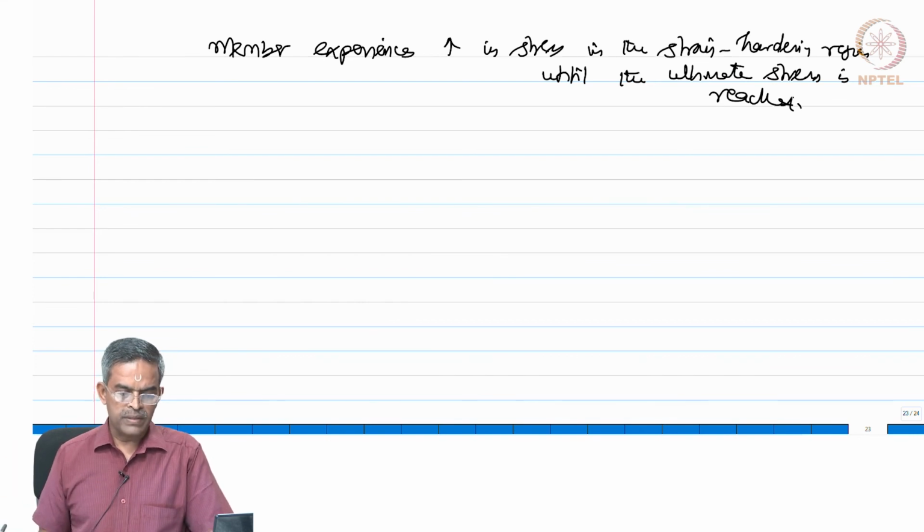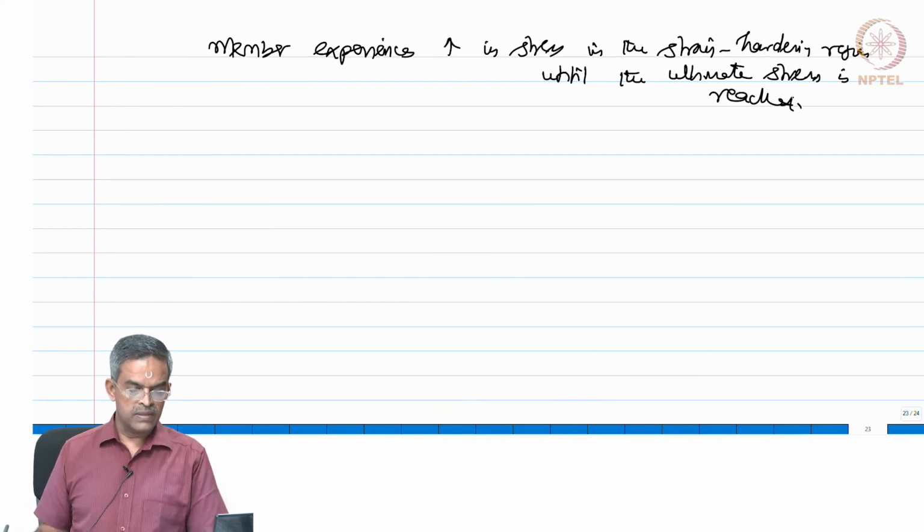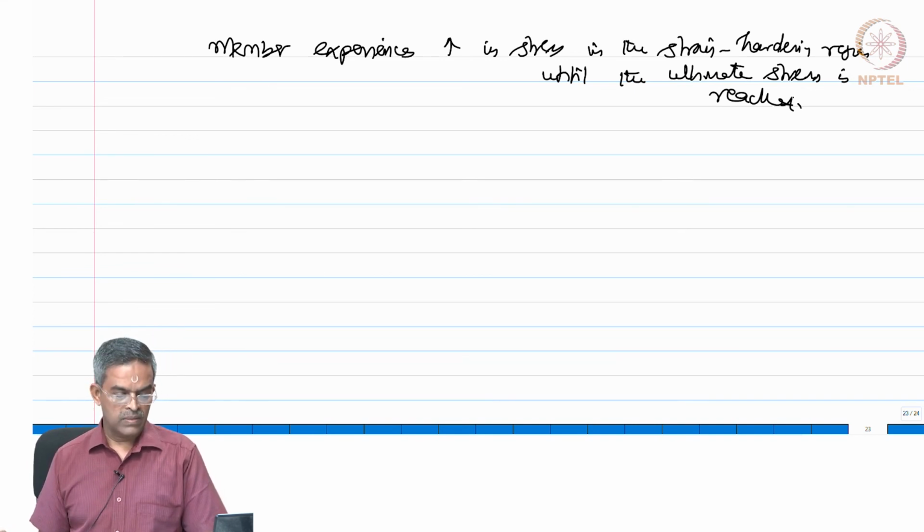So, after this point, the fiber stress decreases with increasing strain and rupture occurs. We all know that. Okay.